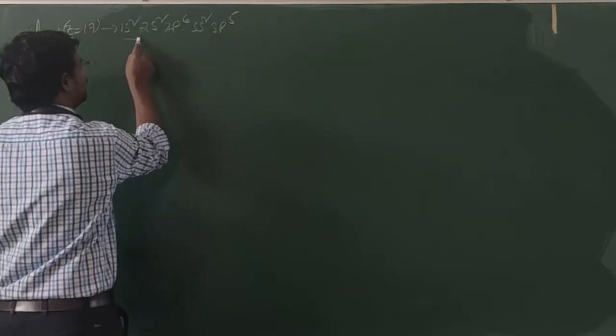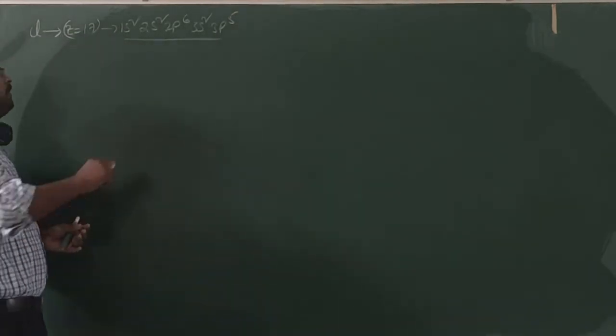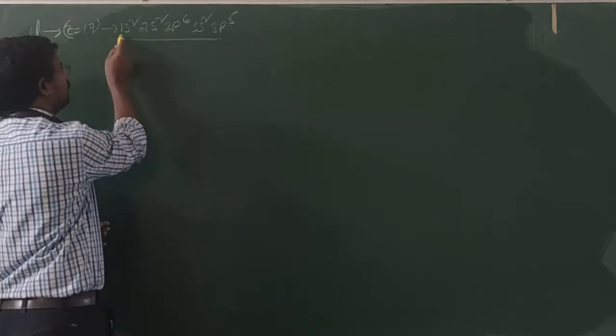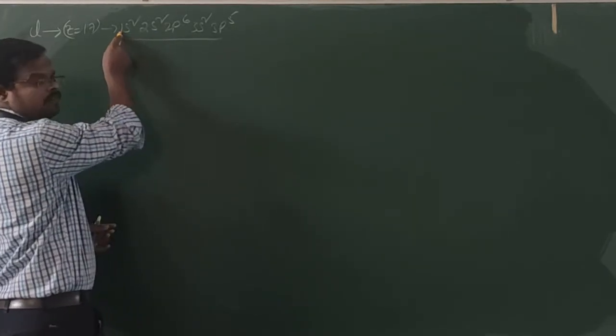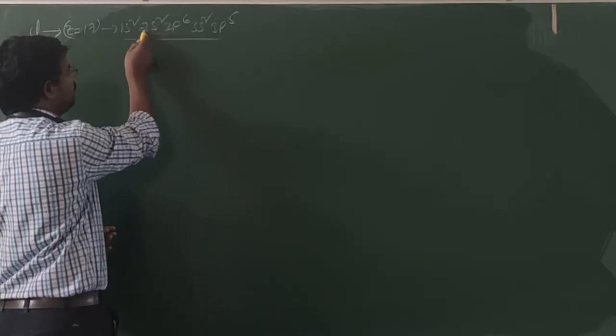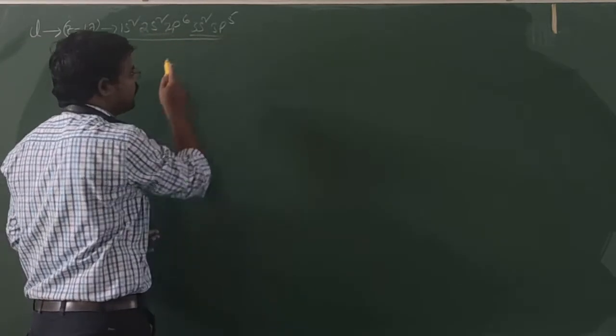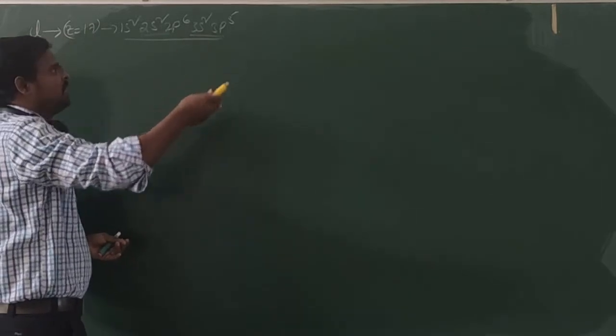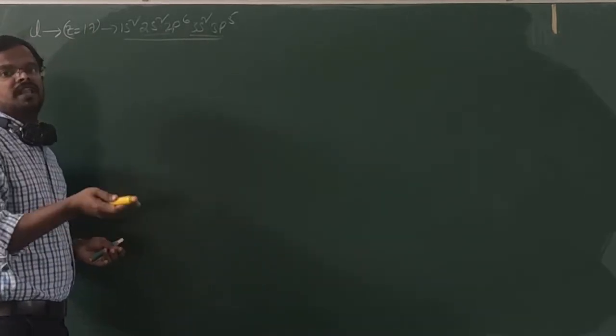So here, what is the outermost orbit? Check the n value. Here for the first orbital n is 1. These two are the second orbit because their n values are 2. This belongs to the third orbit. So the highest orbit number is nothing but the valency shell.